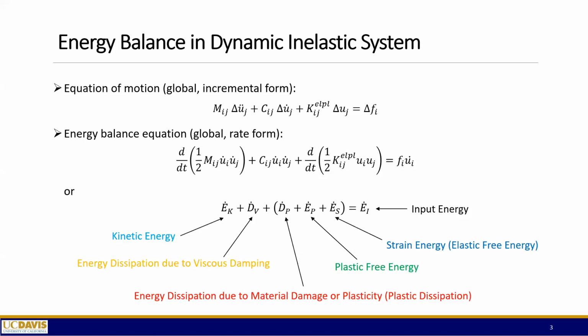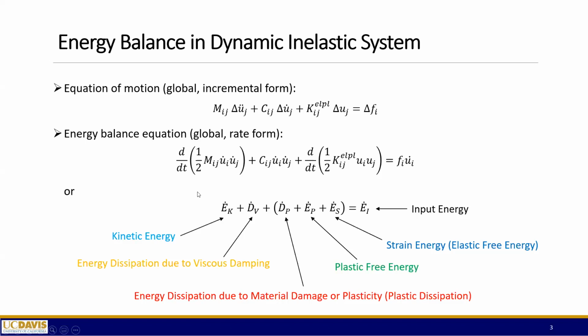So from the energy balance equation in the dynamic inelastic system, this is the equation we derived in our previous lecture. We obtained the total energy balance equation in its global rate form, from the equation of motion.